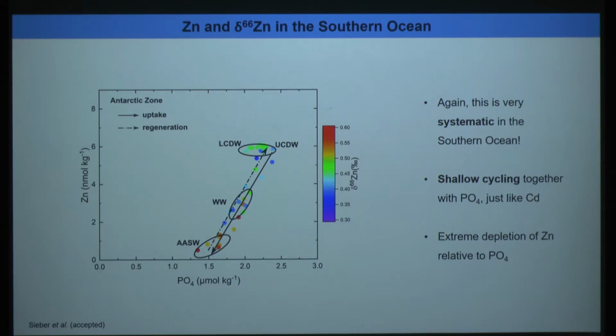This is mainly attributed to the limitation of iron. Because you don't have enough iron, other metals sort of jump in and help out, like zinc, for example, in different enzymes. And you have this strong depletion of zinc in the surface ocean.